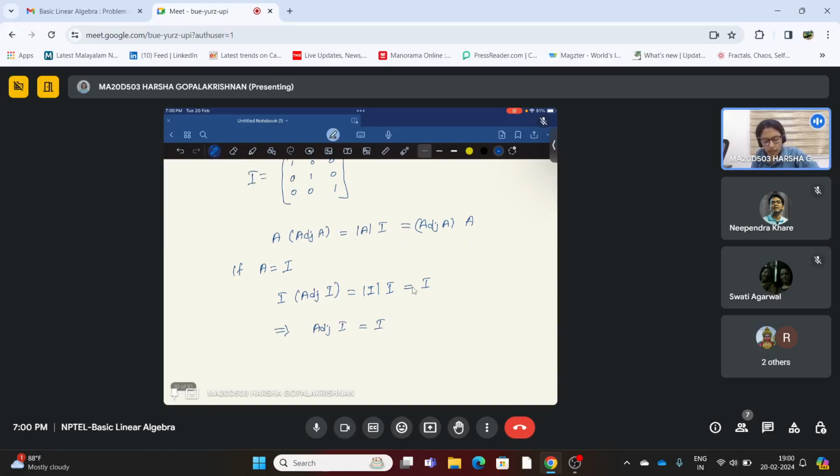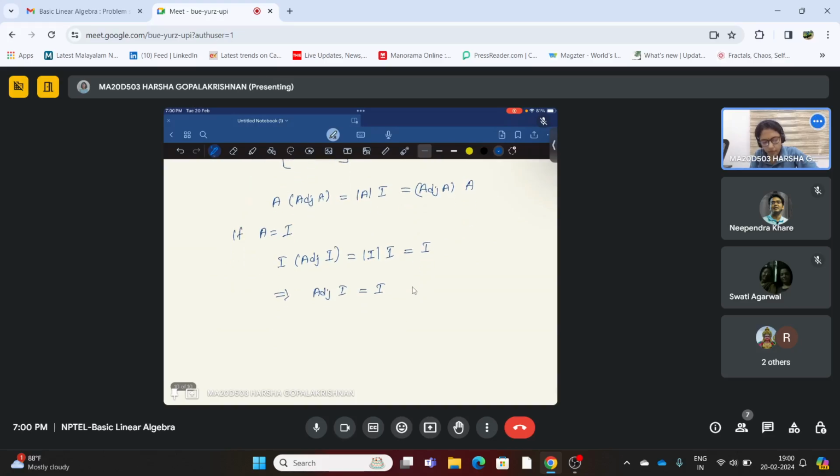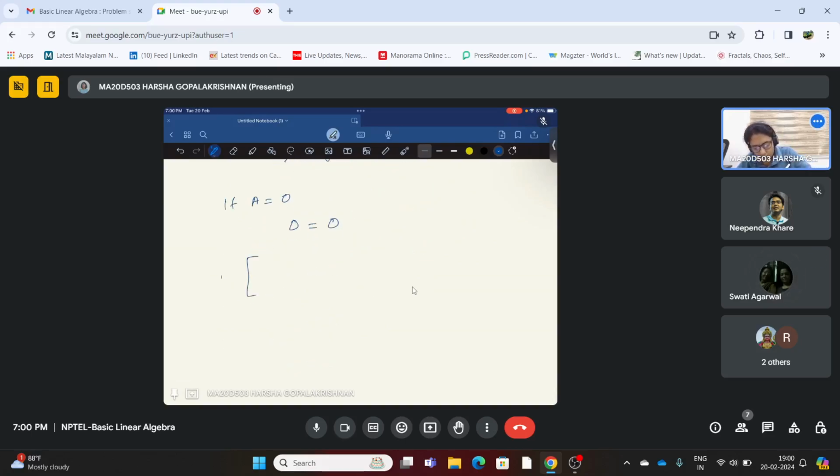Now, what about the zero matrix? For the zero matrix, we cannot say from this result: if A equals the zero matrix, RHS is 0 and LHS is 0, so we are not getting anything about the adjoint. So let us see a 3 by 3 zero matrix.